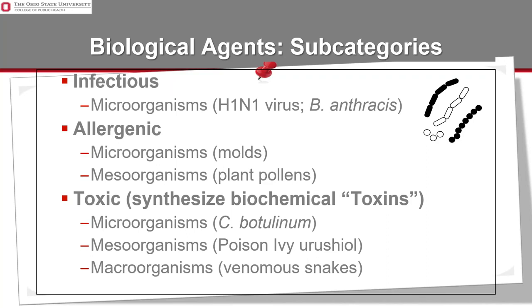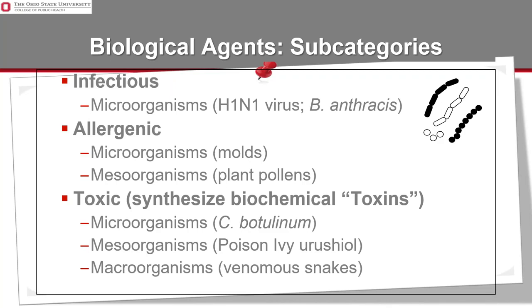And finally, some types of biological agents across the spectrum, going from microorganisms to macroorganisms, synthesize biochemicals that are toxic. And the word toxin specifically refers to toxicants that are synthesized by biological organisms.